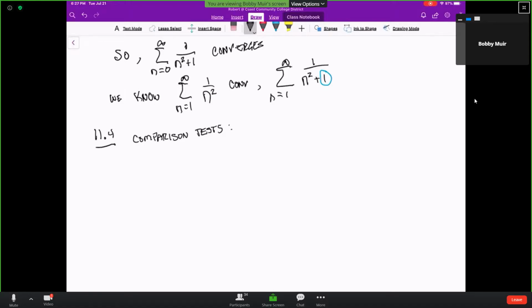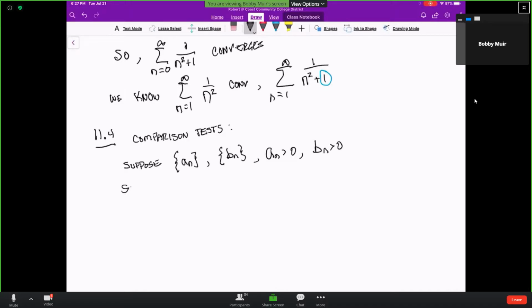So let's look at something here. Suppose I've got two sequences, a sub n and b sub n, where everything is still going to be positive.